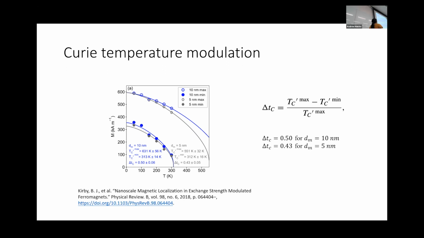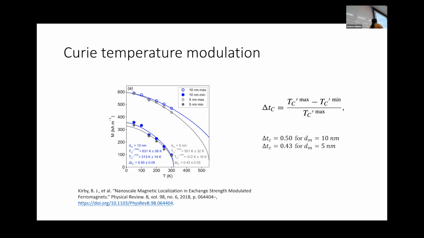At the lower side, where we have smaller exchange strength, you have a lower Curie temperature, and at the top you have a higher Curie temperature. In between, the Curie temperature actually varies. We change the Curie temperature modulation, which is delta Tc, and the value is shown here. We do have a decent change in the Curie temperature.